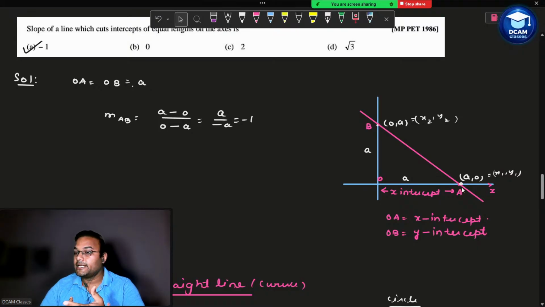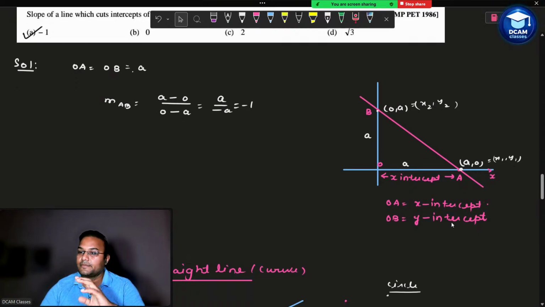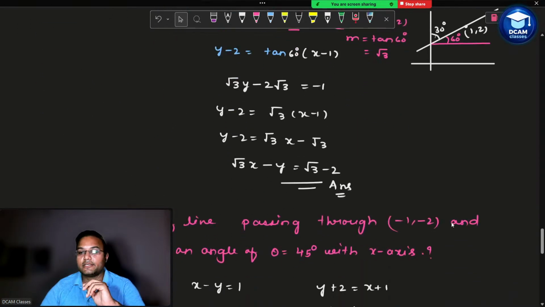The line is cutting the x-axis, which means it is intercepting it. That is on the x-axis, so it is the x-intercept. Mathematically, this OA is known as the x-intercept. And similarly, when this line is cutting the y-axis, this OB is known as the y-intercept. Correct? These are the meanings of intercepts.